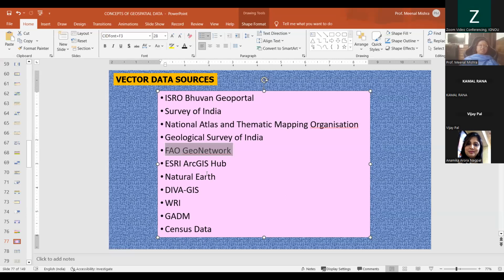And then the next one, I'm discussing very briefly. If you want to go into more detail, you can go to your SLMs and read them. Then ESRI ArcGIS Hub.